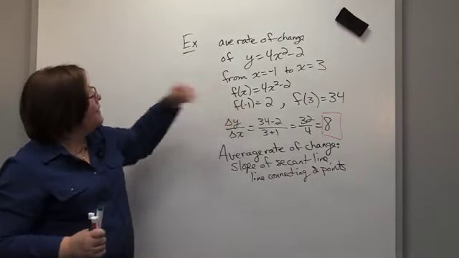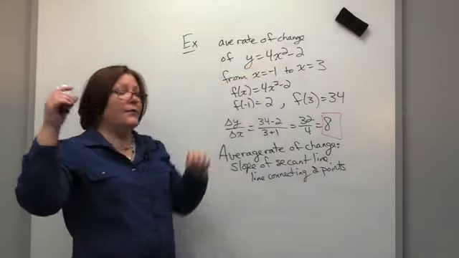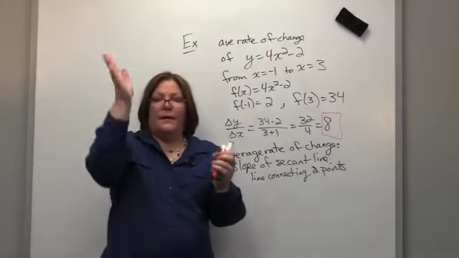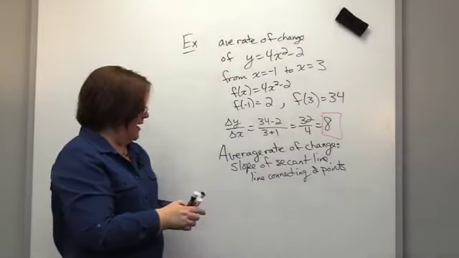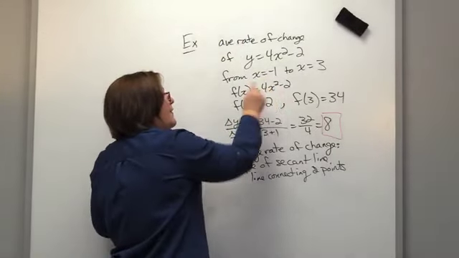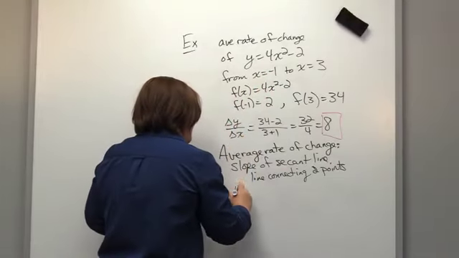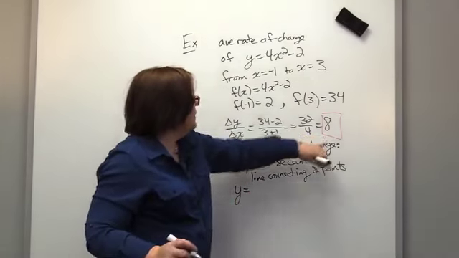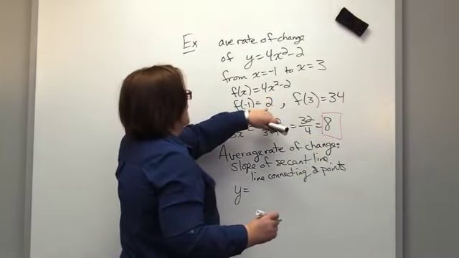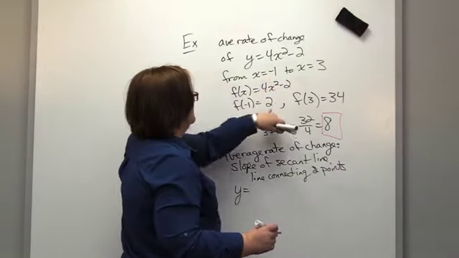And so if we were to graph this, this looks like a parabola. And when x equals -1, we're on this side of the parabola, and when x equals 3, we're on that side of the parabola. And if we were to graph the parabola along with using a modified version of our point slope form, we have m equals 8, and we have the point (-1, 2).